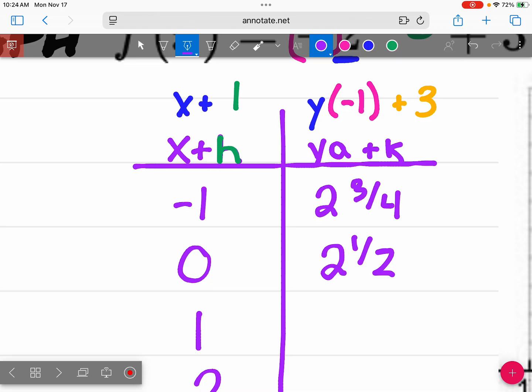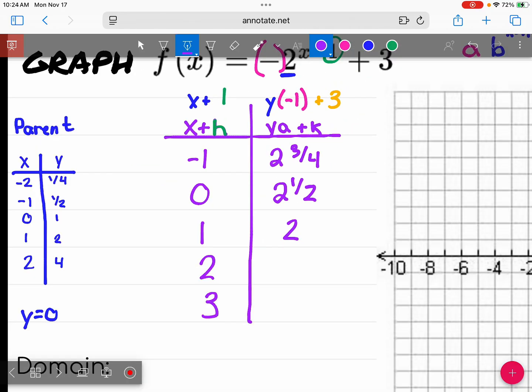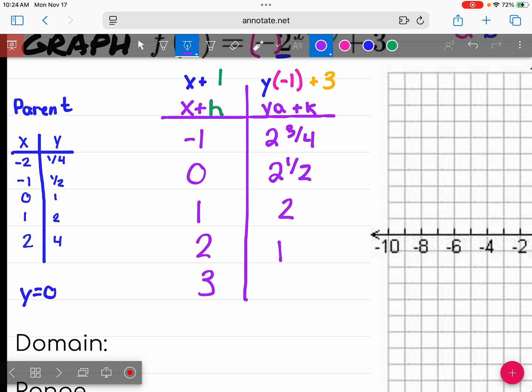We are estimating anyway. So we're going to get 1 times negative 1 and then plus 3. Now the stuff is a little bit easier to do. So we've got our 2. 2 times negative 1, so negative 2 plus 3, get 1. And then we'll get a negative 1.